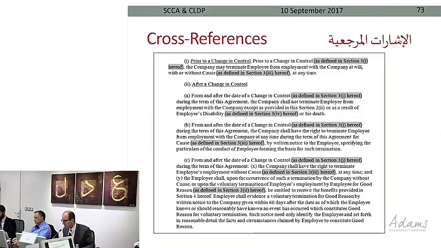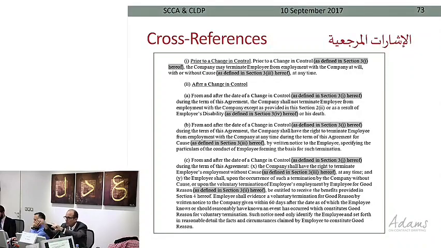Another factor that goes with that is cross-references. Drafters can think, okay, I'm using this defined term, I'm using it before I've defined it, so the reader is going to panic if they see the defined term.